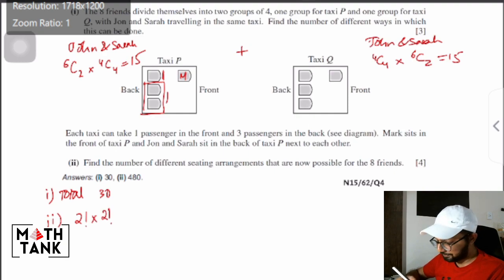Okay, and then what is important to also understand is that this seat could be occupied by any of the other five people.